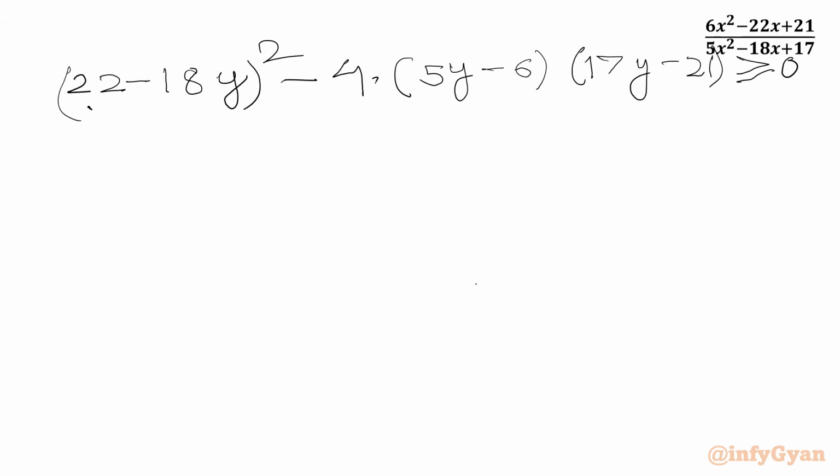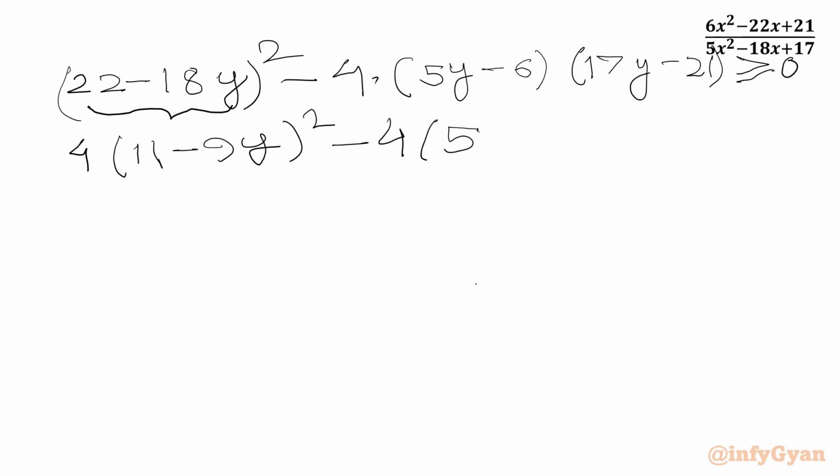Now we can take 2 common from this bracket. It will come out with 2 squared, that is 4. We will write here 4 times (11 − 9y)² − 4 times (5y − 6)(17y − 21) greater than or equal to 0.